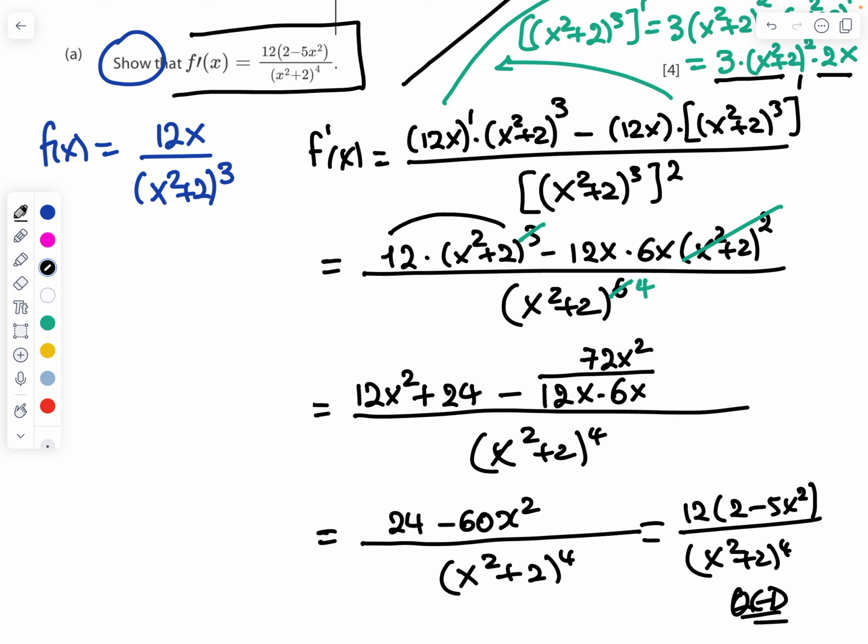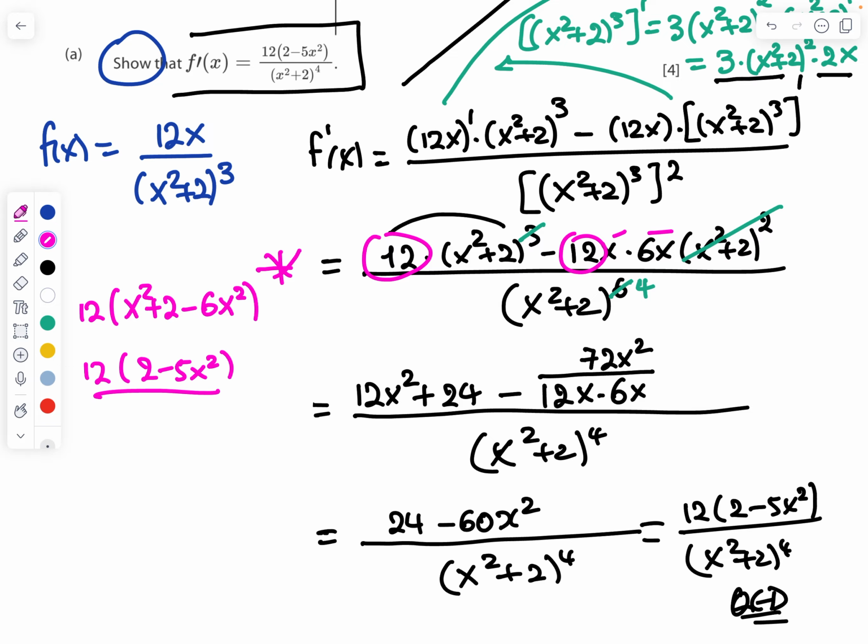Another cool way to do that would have been to factor the 12 from that stage. If you factor out the 12 from here and the 12 from here, because I know that's part of the answer, that becomes 12 times (x squared plus 2) minus 6x squared, because I have the x from here and the 6x from here, and that becomes 12 times (2 minus 5x squared).